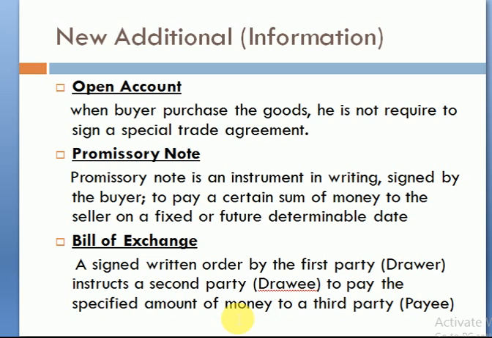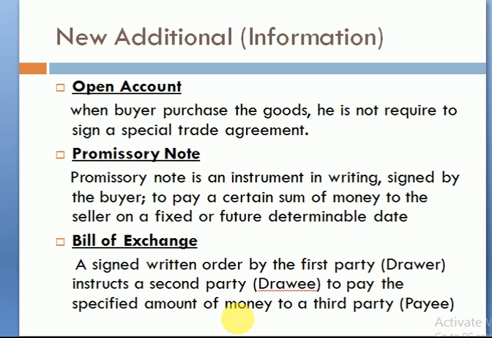Promissory note. On promissory note and bill of exchange we have separate lectures, but I will give you a short glance only. A promissory note is an instrument in written form signed by the buyer to pay a certain sum of money to the seller on a fixed or future determinable date.